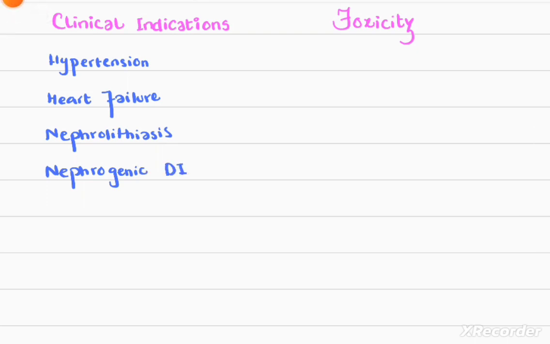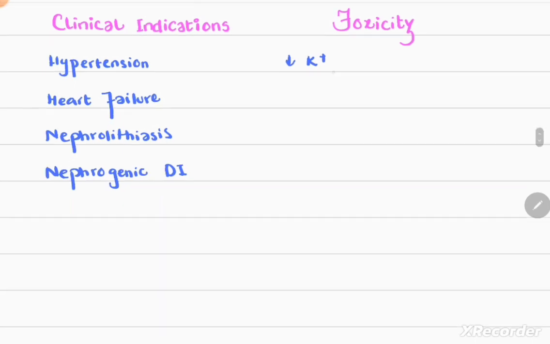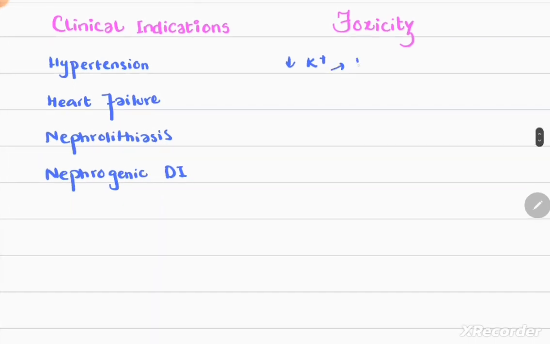The toxicity of these drugs is that they may cause hypokalemic metabolic alkalosis. As with all diuretics, we have seen that there is reduced concentration of potassium, which can lead to hypokalemia. They can also impair carbohydrate tolerance.